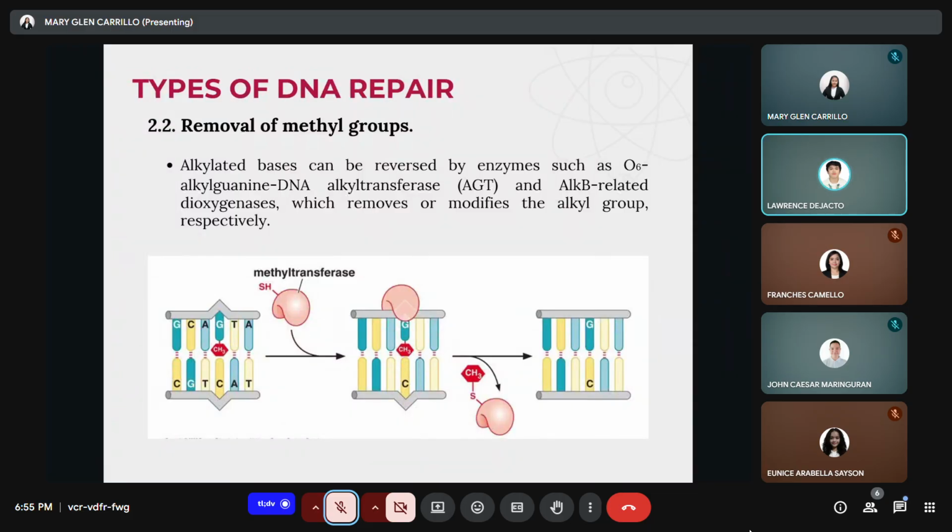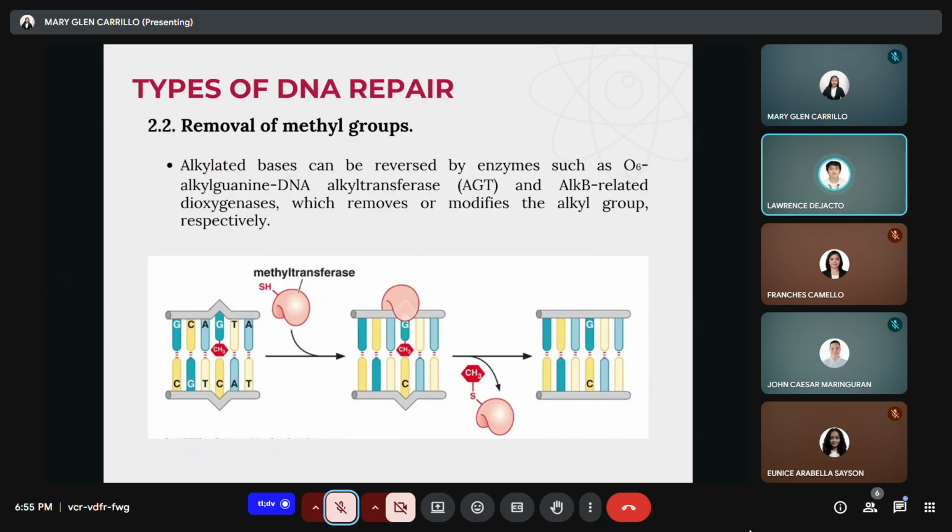So, what is the mechanism of the removal of methyl groups? Basically, as you can see in the figure, enzyme O6-methylguanine methyltransferase, encoded by the ADA gene in E. coli, recognizes O6-methylguanine in duplex DNA.